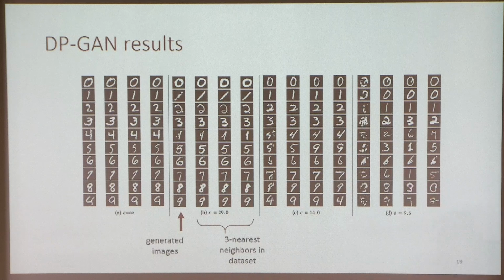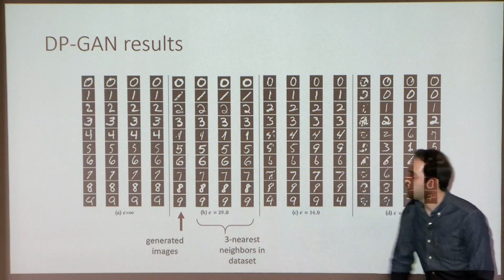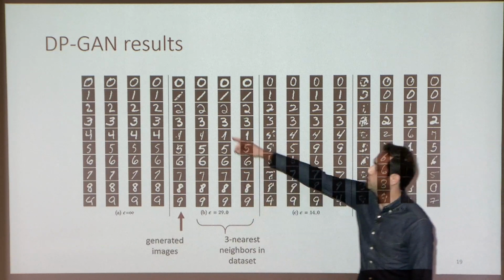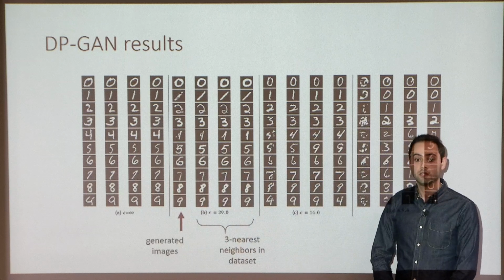Okay. Now let's look at the results. The leftmost plot here from my side is no differential privacy. I think delta was chosen to be 10 to the negative 5 for this specific simulation, and we're varying epsilon here. And as you can see, when epsilon is 29, we get good produced digits.